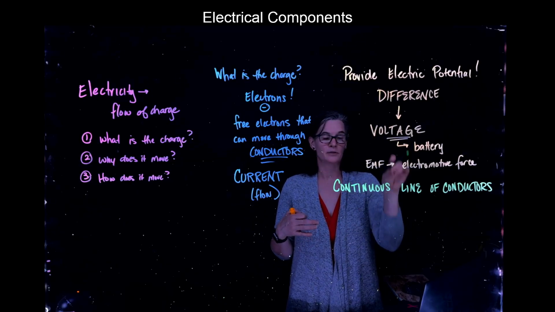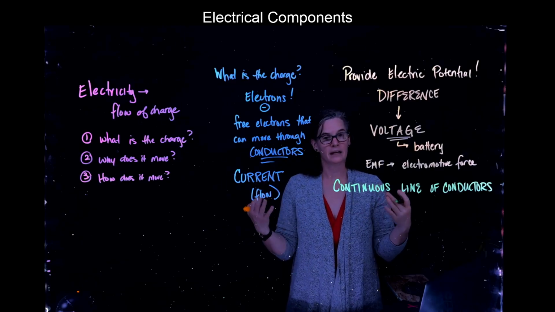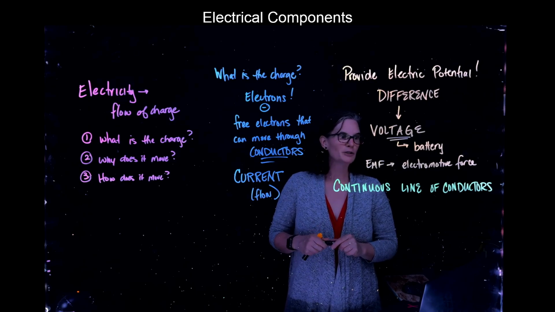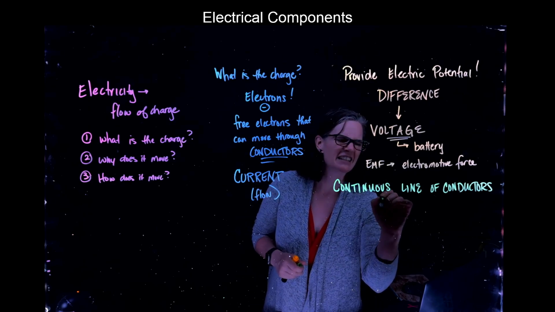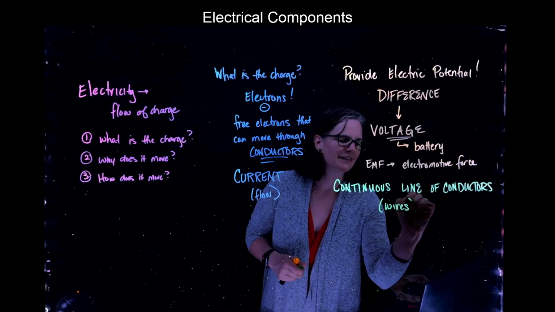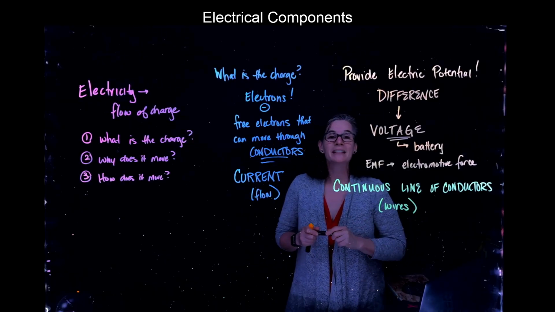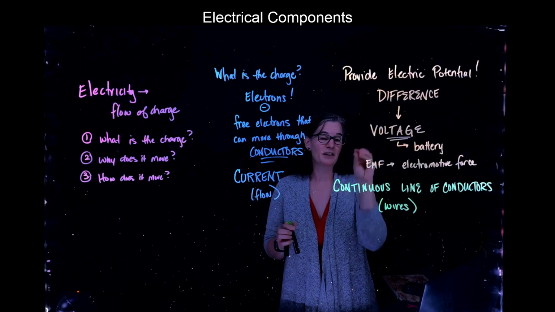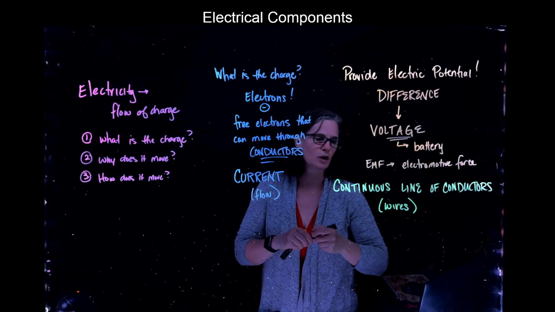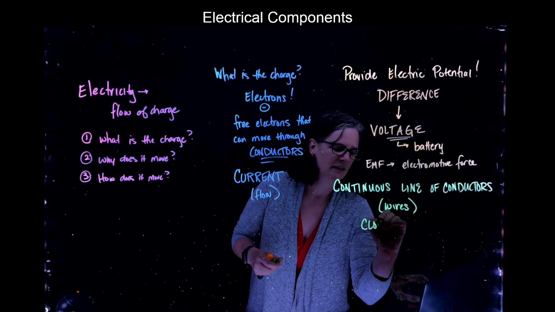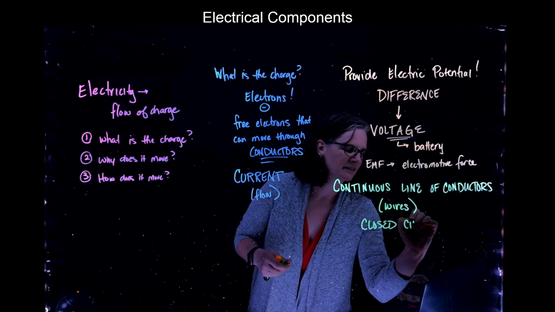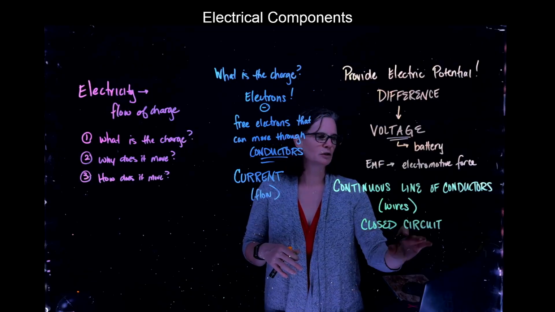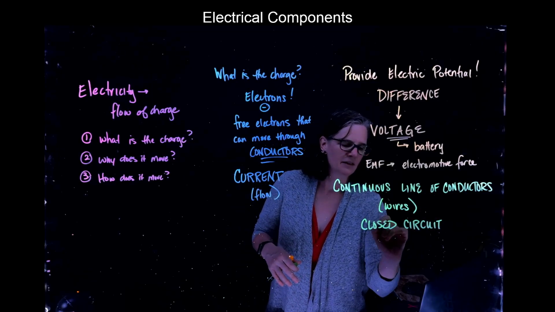And it allows those electrons to flow freely through that conductor, because they can move in that conductor. And of course, our continuous line of conductors, these are our wires. But they have to be continuous. If they are continuous, we call that a closed circuit, and that is what we need. Circuit meaning loop, a closed loop. This is good.